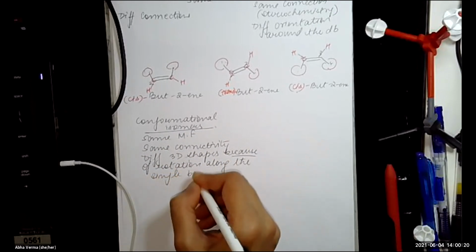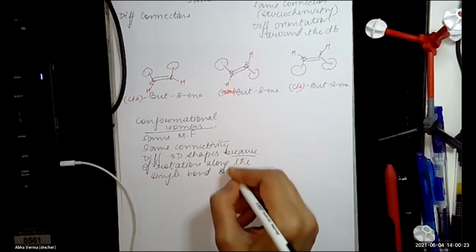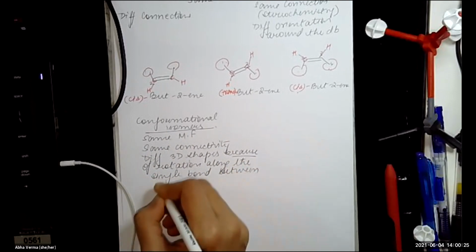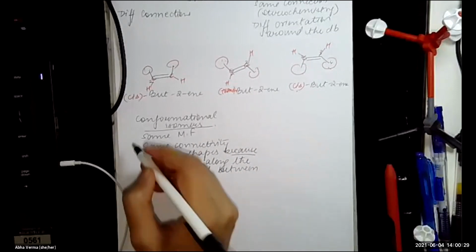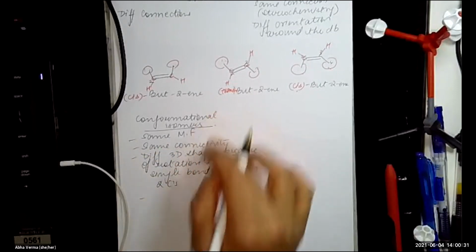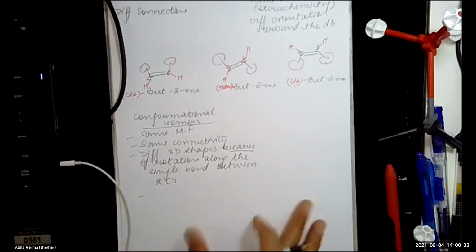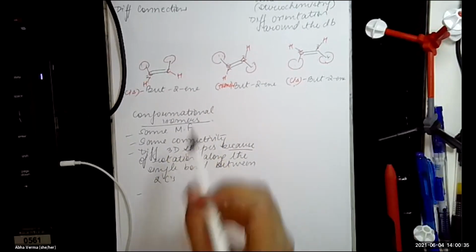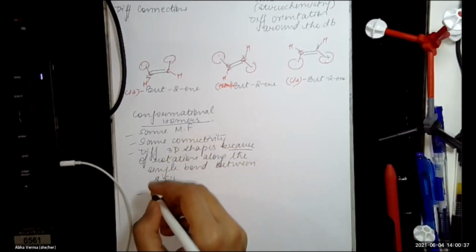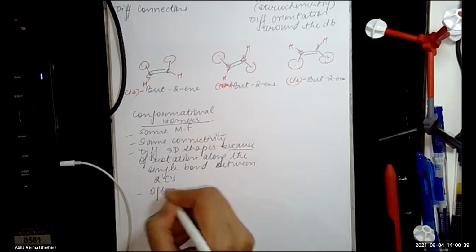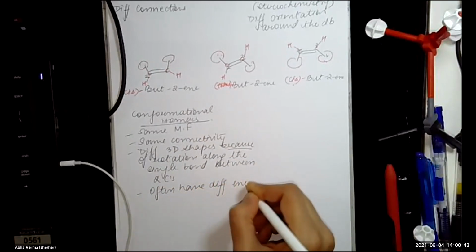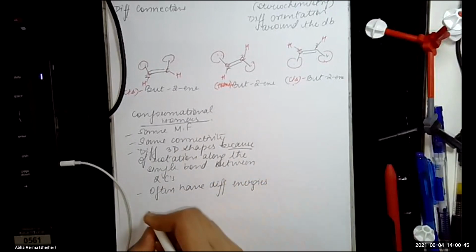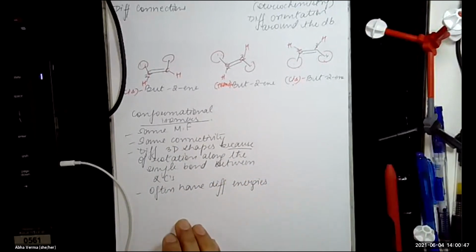And which single bond are we talking about? Between the two carbons. So for our course, we are going to have only two carbons. And conformational isomers differ in 3D orientation and hence often have different energies associated with them.